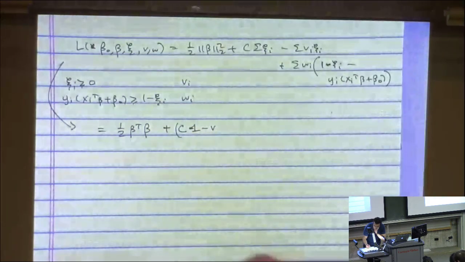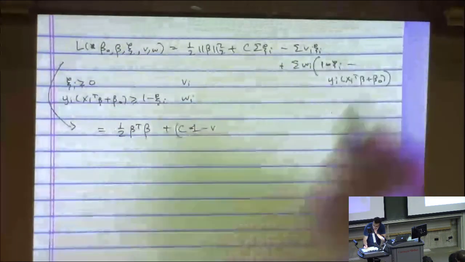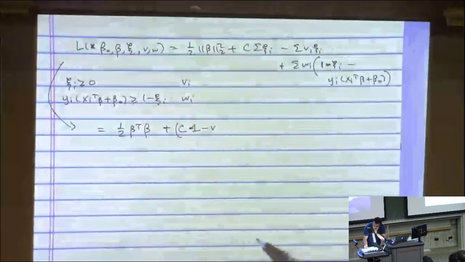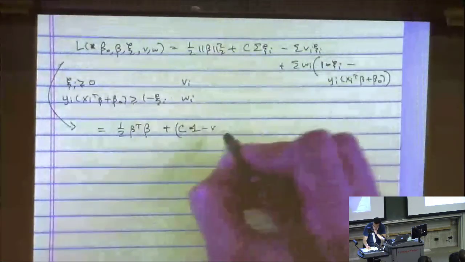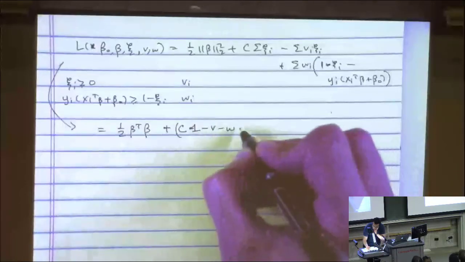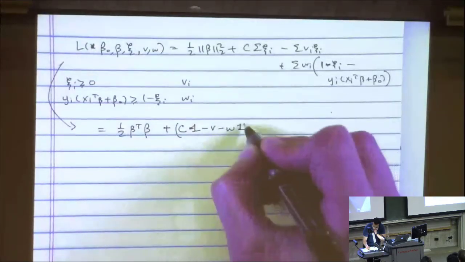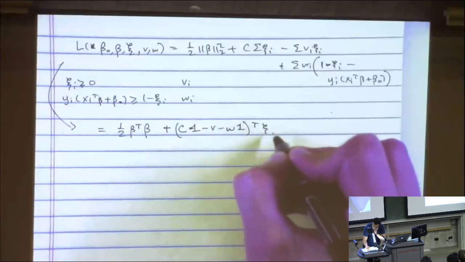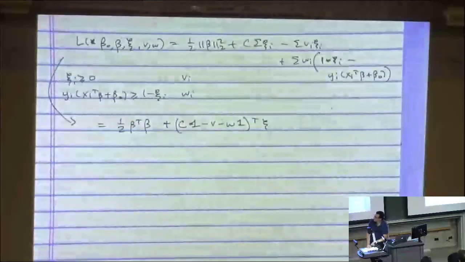I'm going to collect all the terms that multiply c, and I'm also subtracting off w times the 1's vector transpose c.